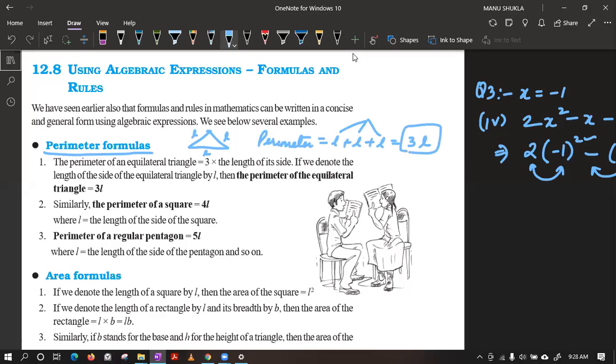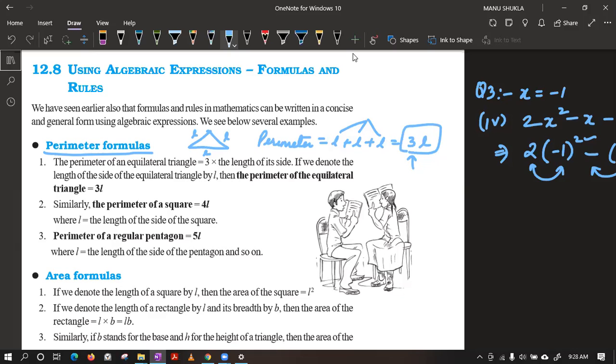So from this we obtained a formula. This thing we have learned in this chapter, how to add these terms, because these are like terms, we can add them. And you can see by adding we got an easy formula, 3 into side.